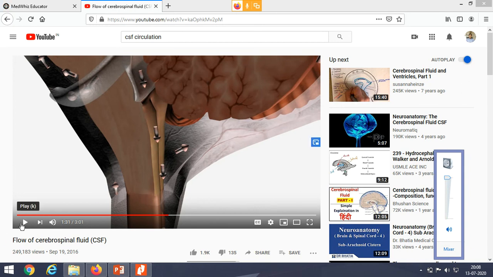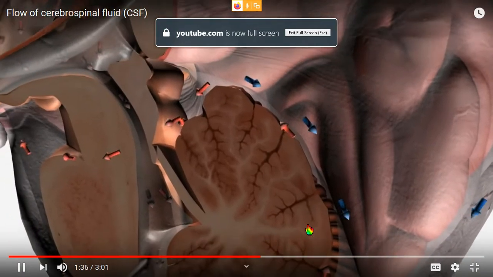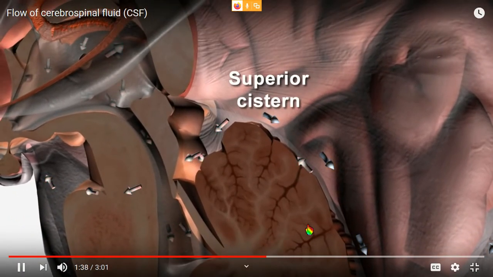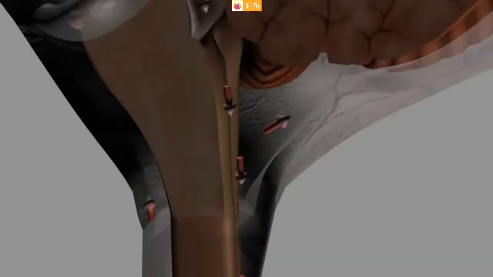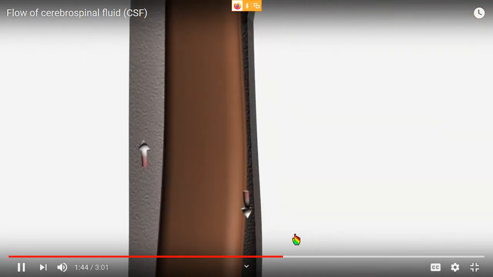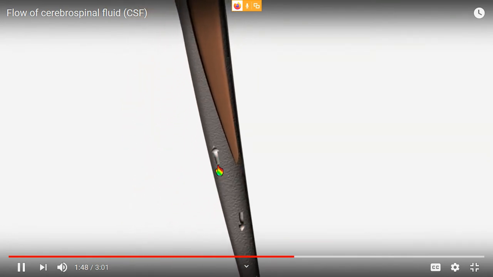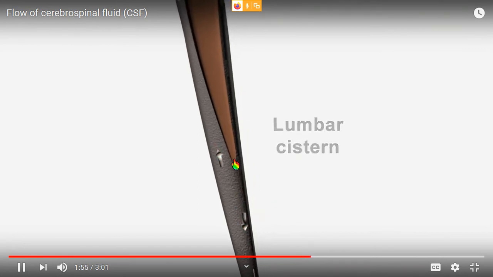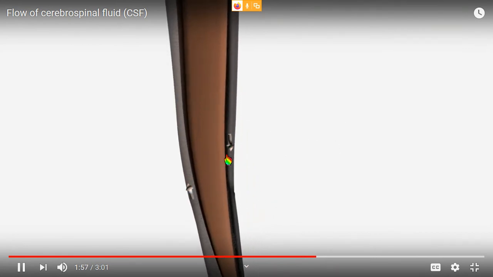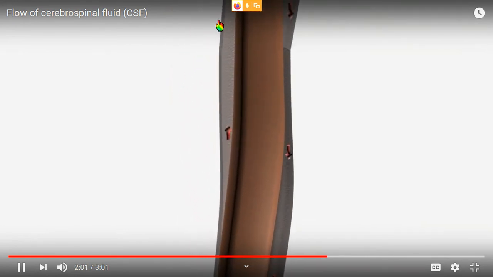The first flows around the cerebellum, draining into the superior system, from where it flows to the interpeduncular system. The second path flows down the subdural space, called the lumbar system.